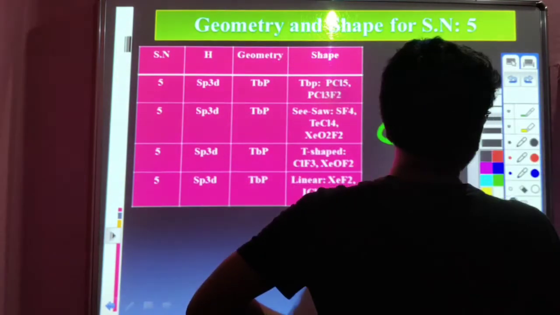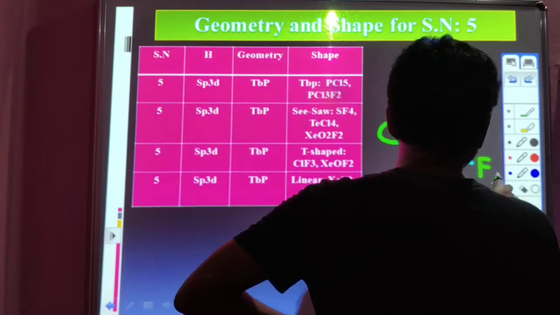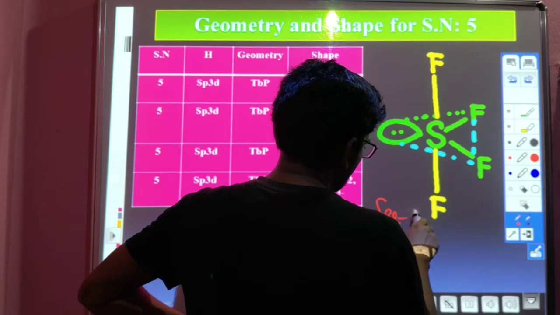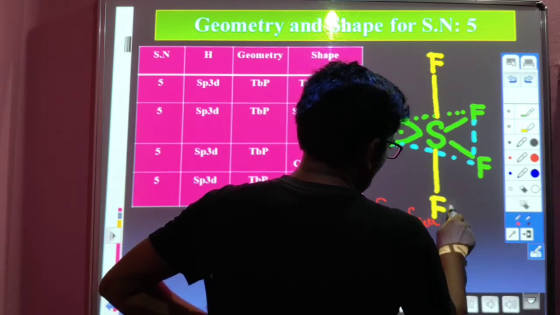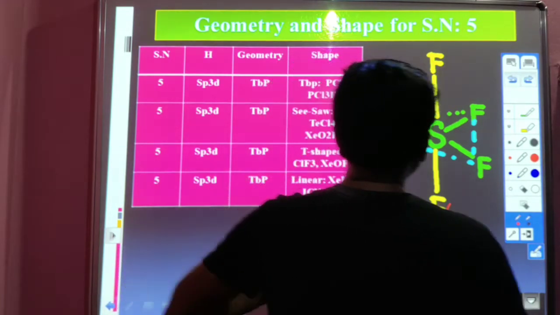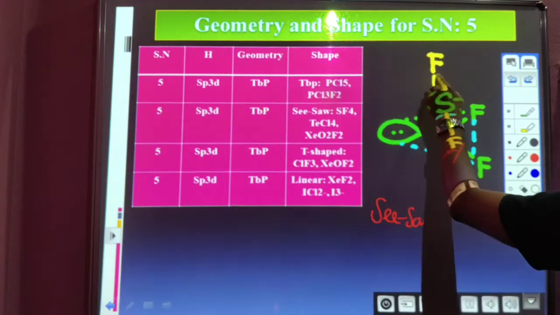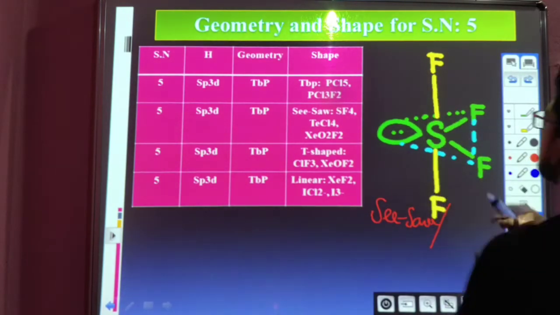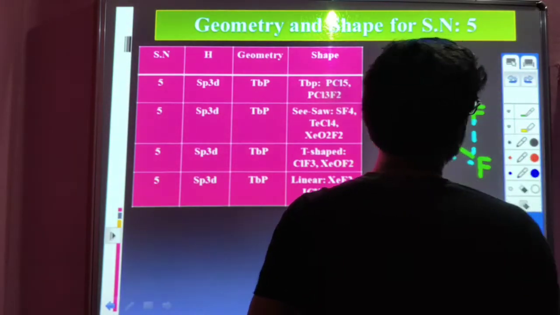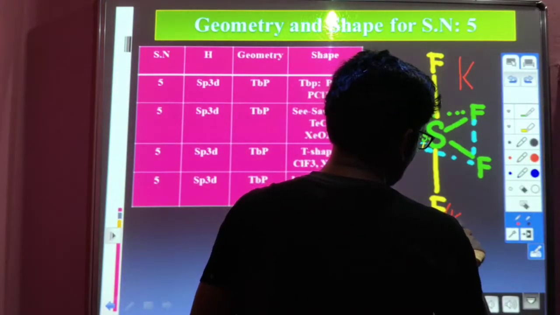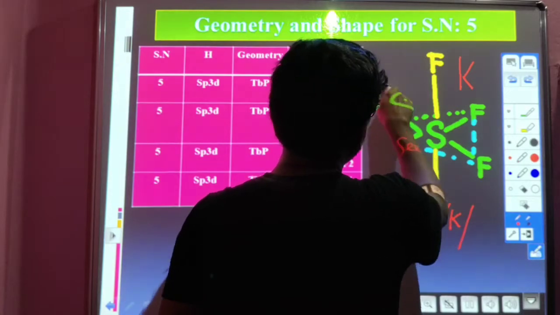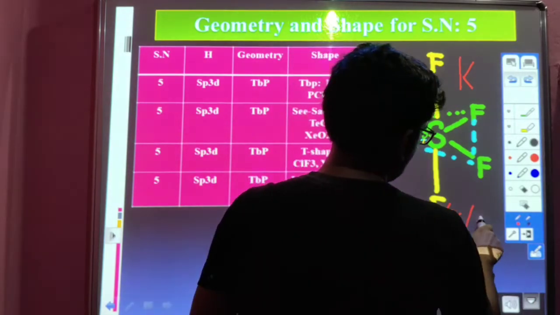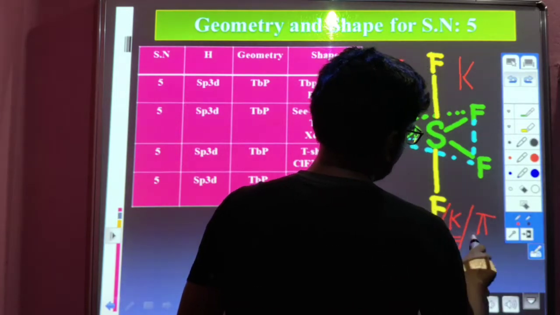Let me write it here. Seesaw. Or else we can write, remove this one, it's like a K shape, right? See, it's a K. Or you can write pi shape.